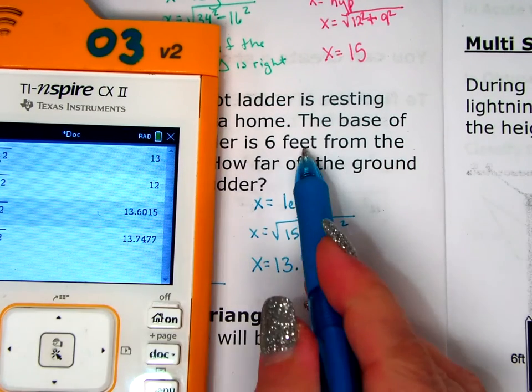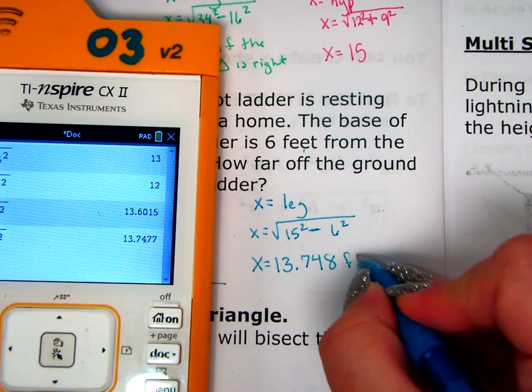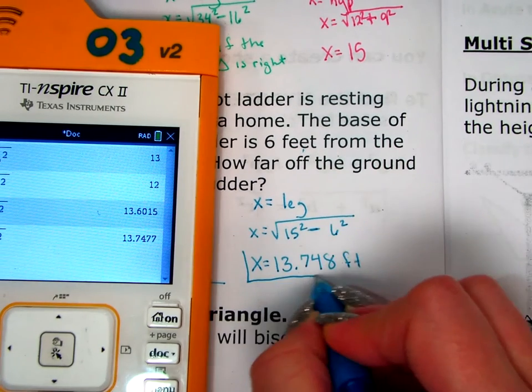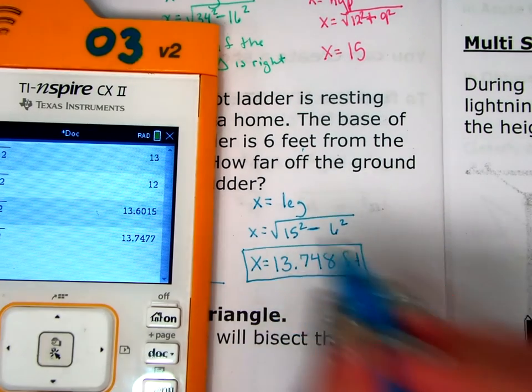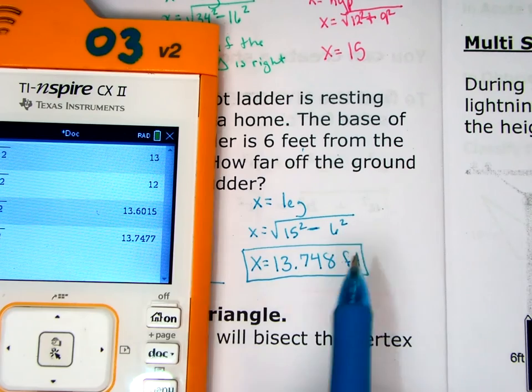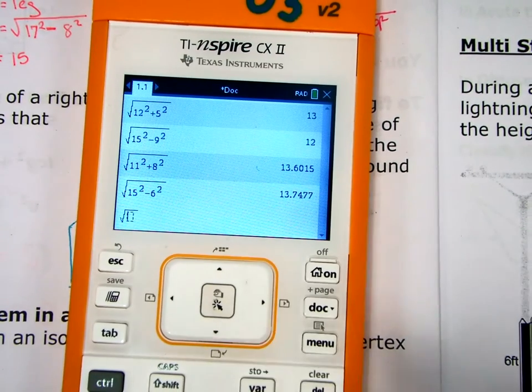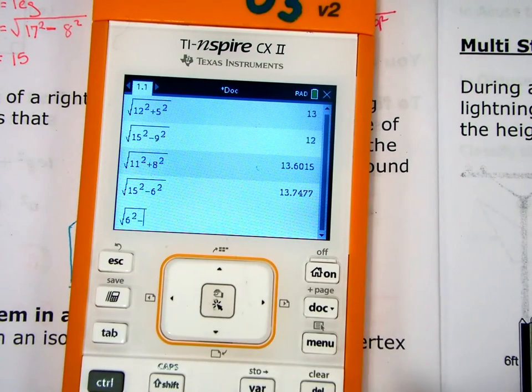I do know my units here. My units are feet. I did say, and then I didn't actually show you, if you put your subtractions backwards, remember it has to be hypotenuse squared minus leg squared. And I told you I'd show you what happens if you put it in backwards. Let's look at what happens if I do 6 squared minus 15 squared.